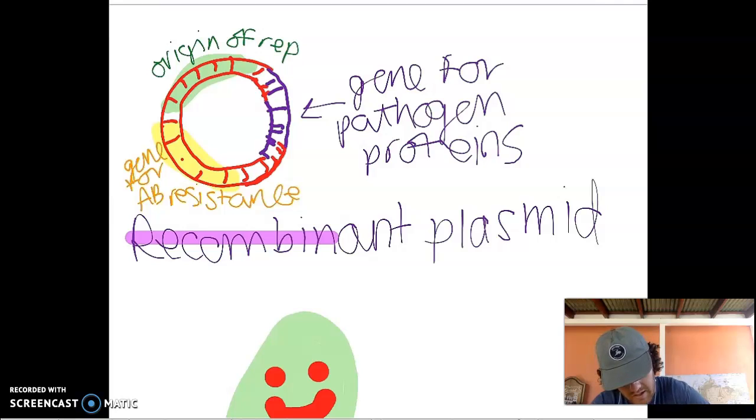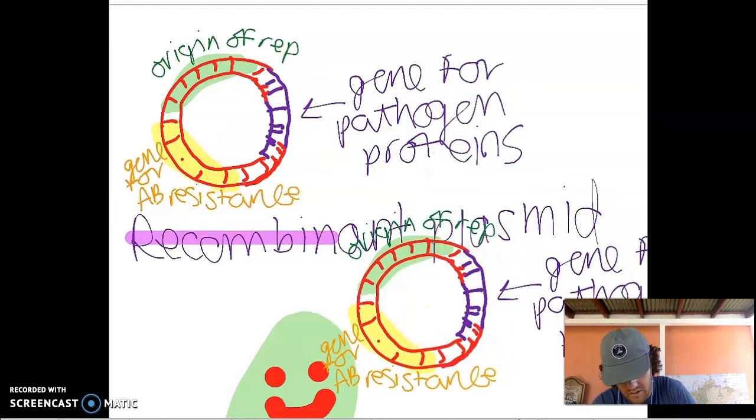The way that we get it to absorb the plasmid is through a process called heat shocking.